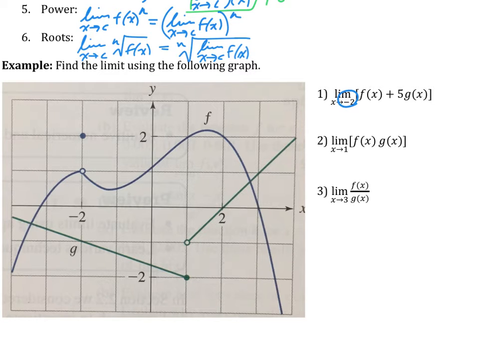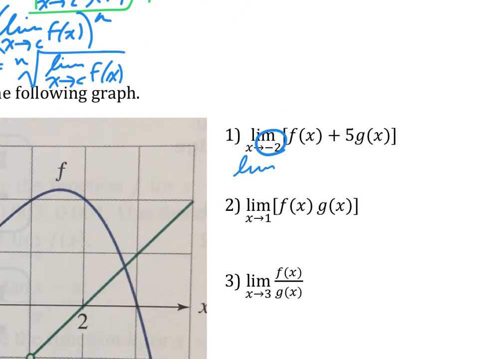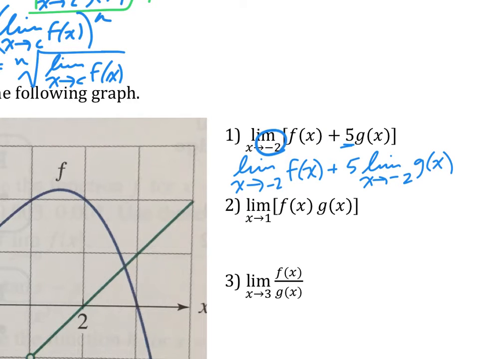At -2, it's not continuous for f, but there is a limit. So we could just plug it in, or let's do it the more official, correct way of separating the limits. And since this is a coefficient, I'm going to take it out of the limit so that I'm only really evaluating the limit of those functions at those two x values.